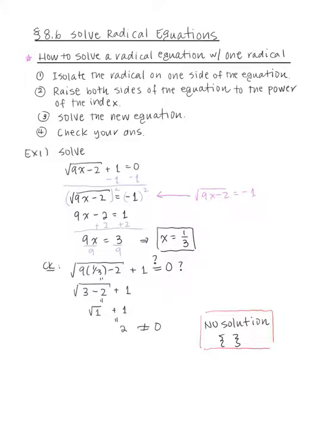Answer is no. So if you realize that, then you didn't have to go through everything. You could just answer it as no solution and be done with the problem. But in case you didn't see that, we just solved everything and checked our answer, and it did not satisfy the given equation, so our answer is still going to be no solution.